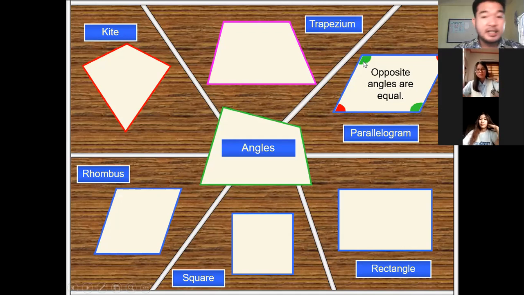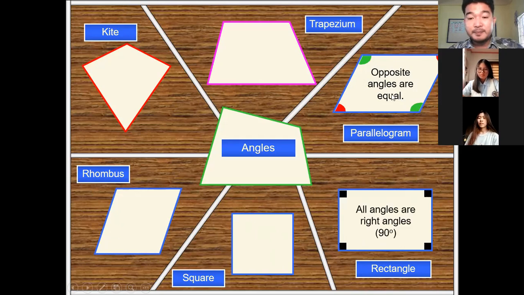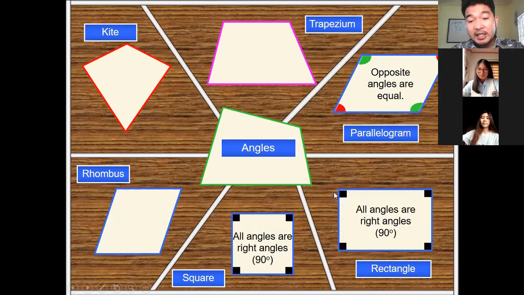Eh sabi natin, di ba? Yung rectangle, yung square at yung rhombus, they are all parallelograms. Tama? Lahat ito, yung tatlo na to ay parallelogram. Ibig sabihin, dala-dala din niya yung property na yan. Opposite angles are equal. Pero nagkataon nga lang sa rectangle, lahat yan ay 90 degrees.